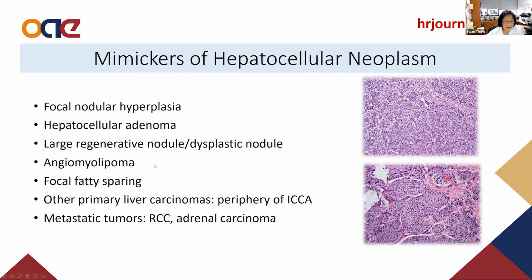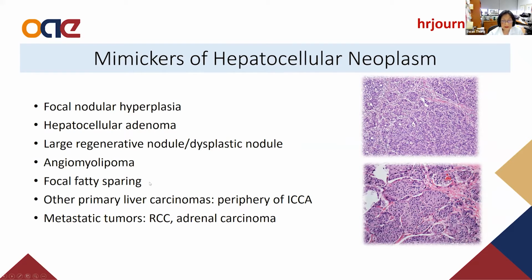The other one that always seems to be a problem is angiomyolipoma. It's not a very common entity. However, it's often misdiagnosed as hepatocellular carcinoma.